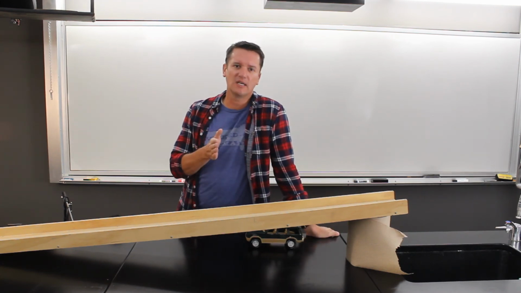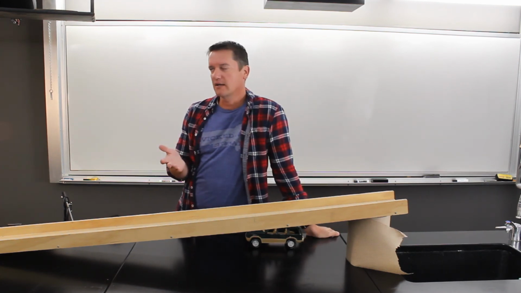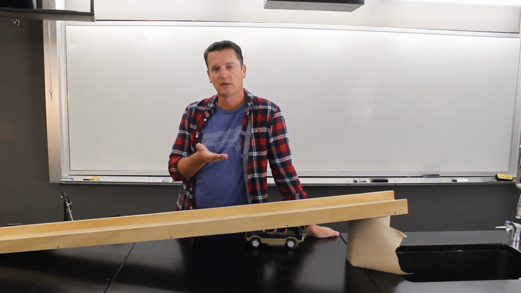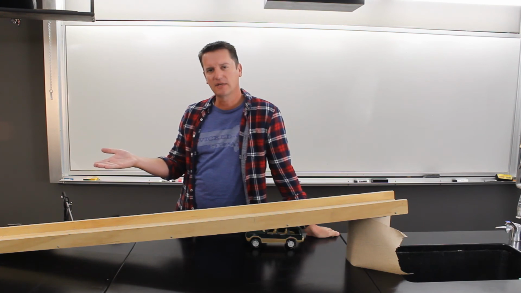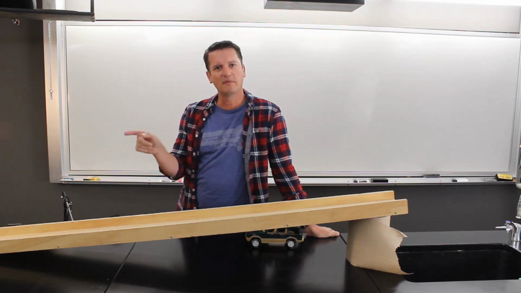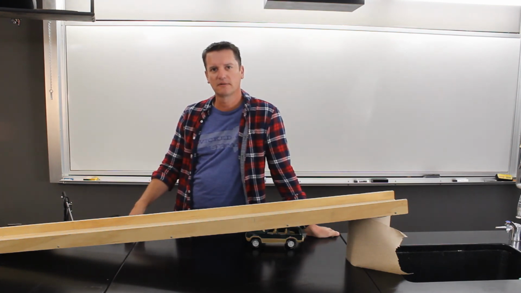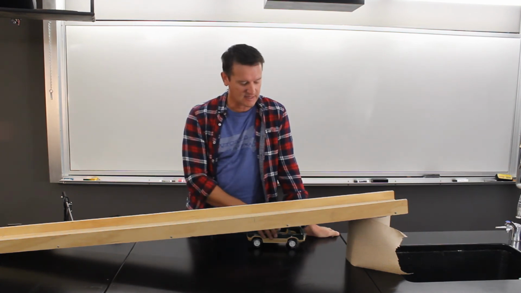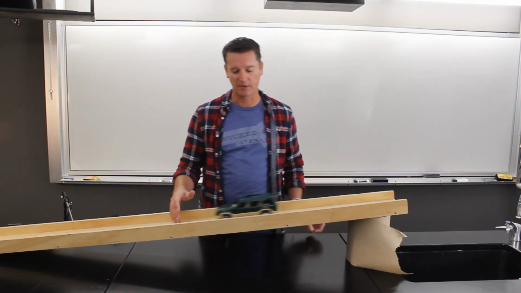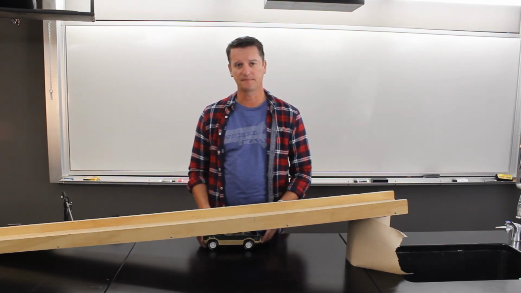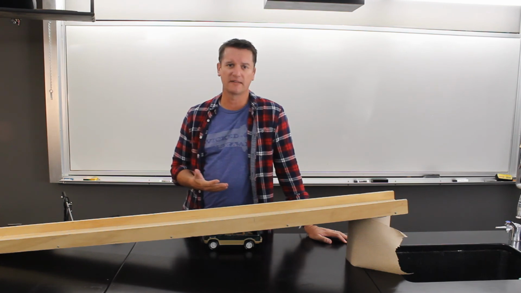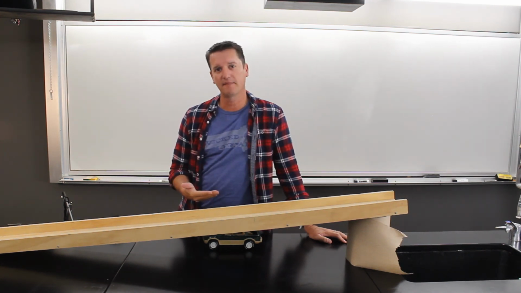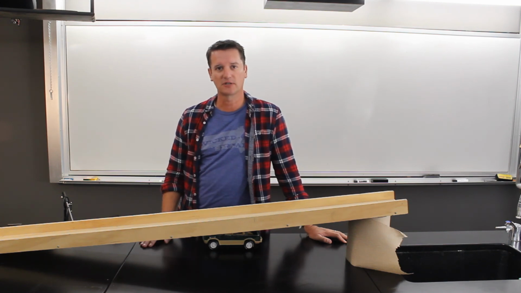We had mg times the sine of theta to get the force in the x direction, equal to ma for the acceleration. What happens to m if you have it on both sides of the equation? M actually goes away. You don't need that. Mass does not make a difference when you go down the incline plane. And hopefully in your lab you found that. That's one of the things that you should have seen in the data, that even though we doubled or tripled or quadrupled the mass in the lab, the acceleration didn't change appreciably.